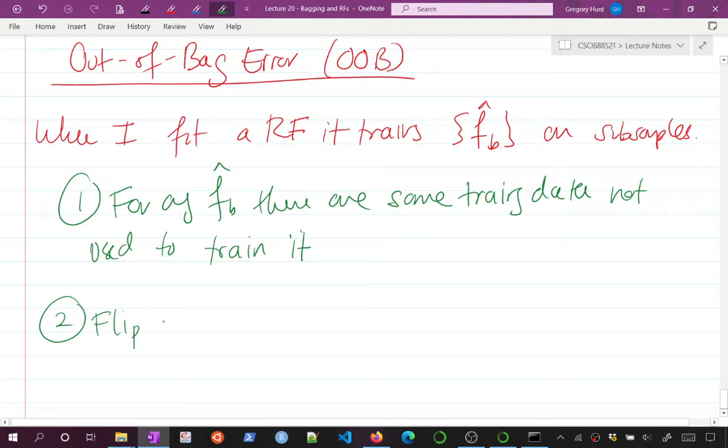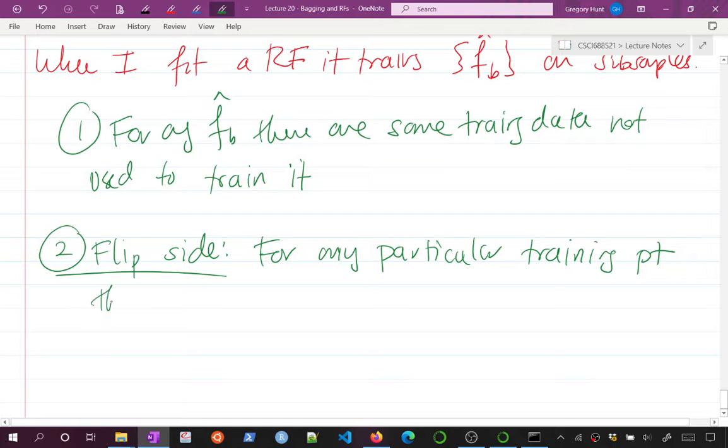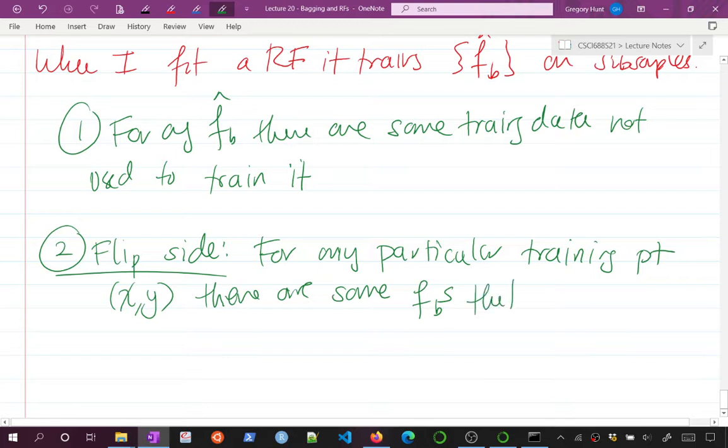Alternatively, the flip side of this is that for any particular training point, let's just generically call it (x, y), there are some f_b that don't use it.